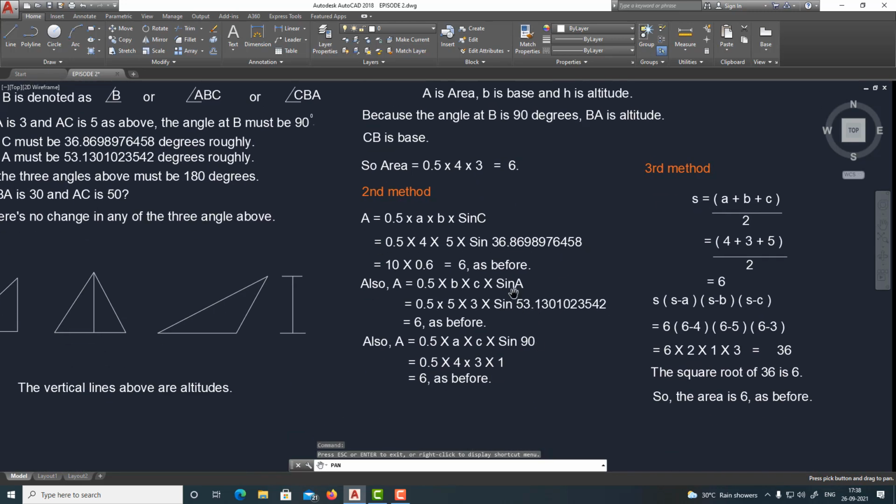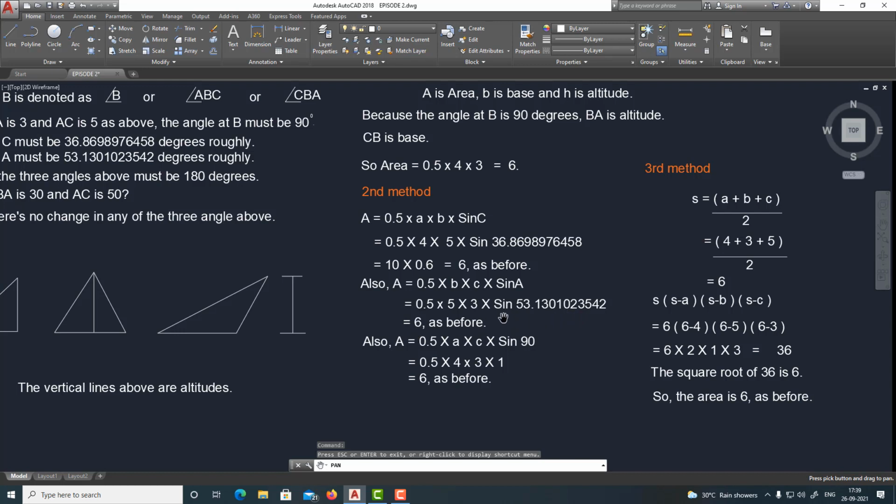Now we will take another angle, sine A. We have seen that the angle at A is 53.130102354 degrees roughly. So the included angle is 53.130102354 degrees. 0.5 into 5 into 3 into sine this angle.